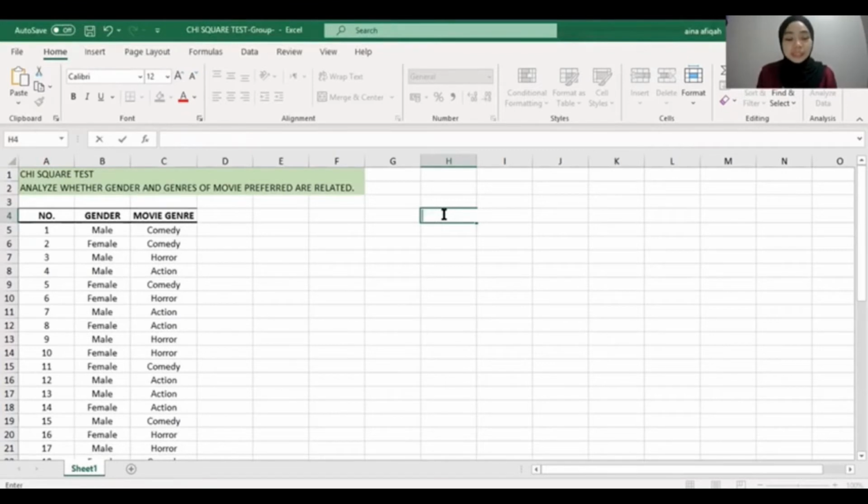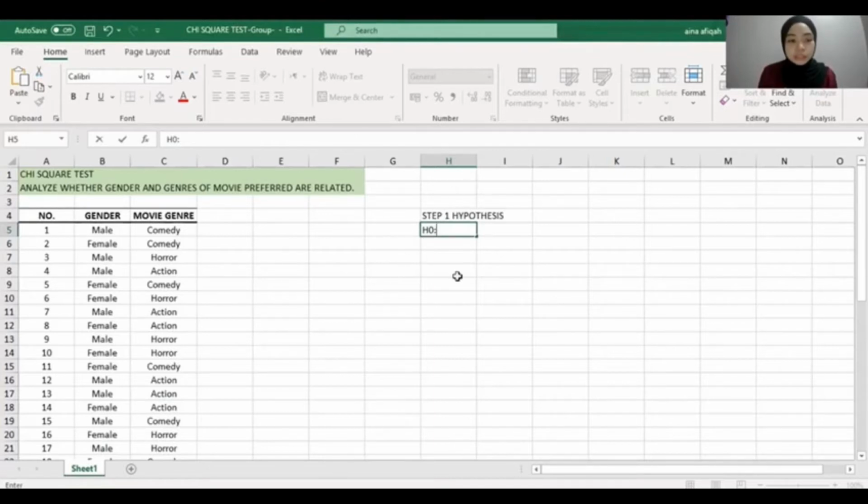So let's start with step number 1, which is the hypothesis. The chi-square test is written in such a way that the null hypothesis says the two categorical variables are independent. It means there is no relationship. So let's say I'm looking into the relationship to see whether gender has any impact on genre of movie.